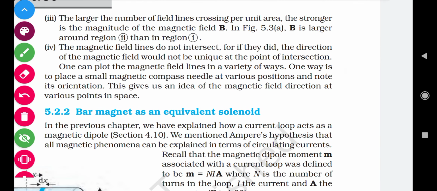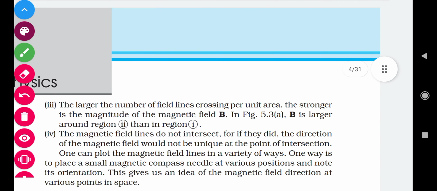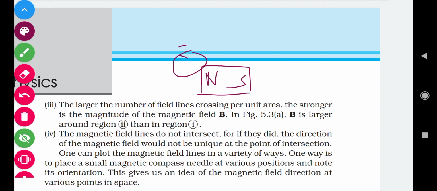One can plot the magnetic field lines in a variety of ways. One way is to place a small magnetic compass at various positions and note its orientation. This gives an idea of the magnetic field direction at various points. You take a bar magnet and place a magnetic compass here. It will orient in a direction.